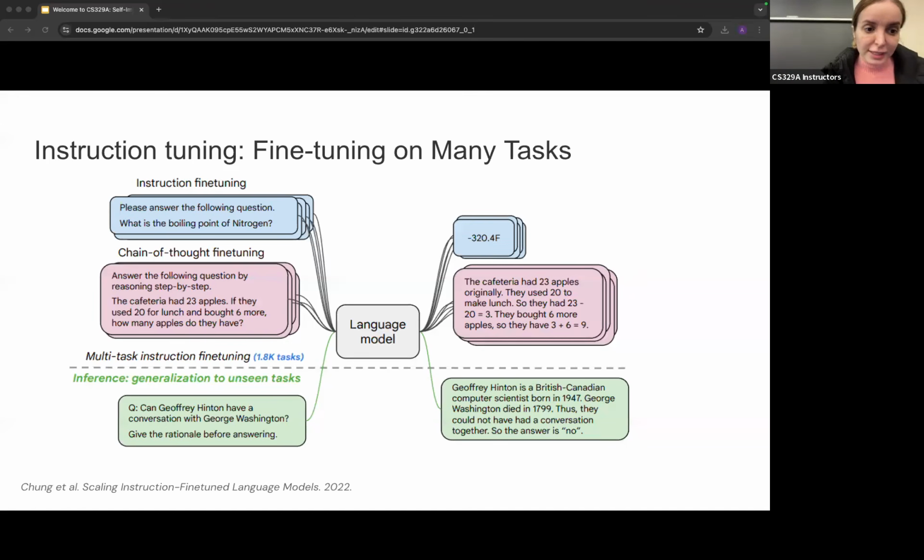Chain of thought fine-tuning is another important part of instruction fine-tuning, where the model is actually shown an example with a chain of thought on how to get to the answer for that input question. This lets the model learn and be able to leverage the chain of thought even better at test time, whenever the model is used for testing.